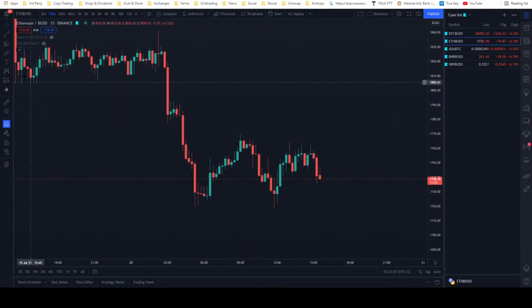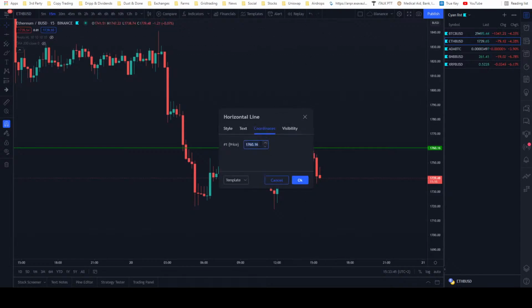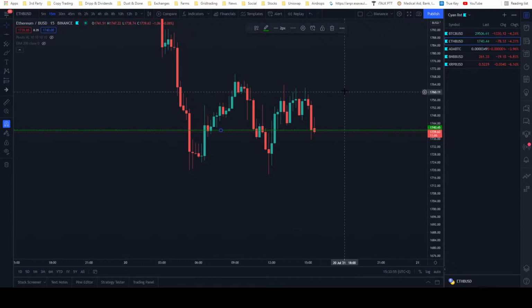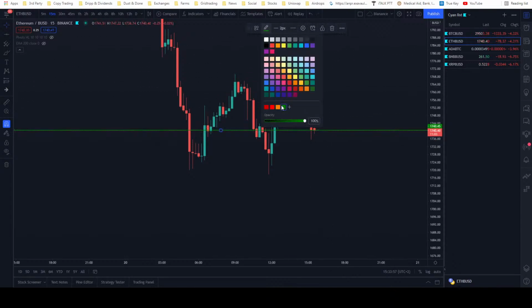We'll go back to TradingView and put my first line in at 1740.45. Now that was my entry. And my current entries I'm going to make yellow.